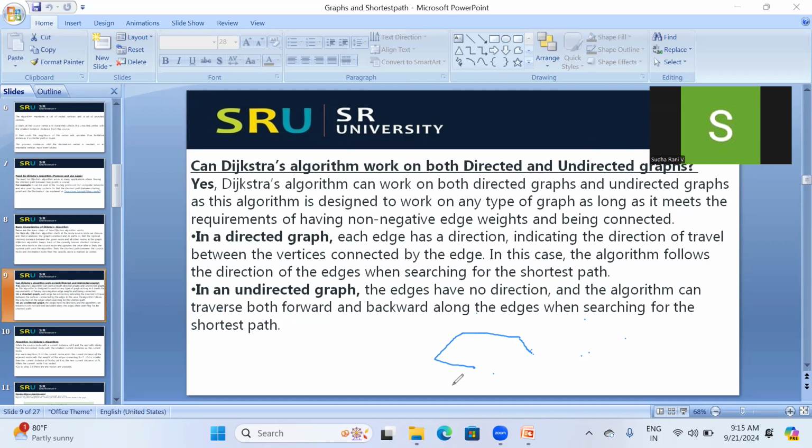That is possible in undirected graphs, whereas in directed graphs you have to traverse only in the direction which is defined. You cannot go in other directions. In some shortest path algorithms, only directed graphs are supported, and in other algorithms we can use either directed or undirected graphs. Here, Dijkstra's algorithm supports both directed graphs as well as undirected graphs.